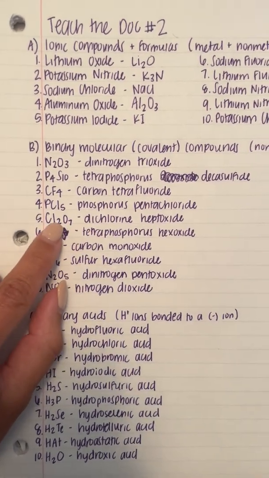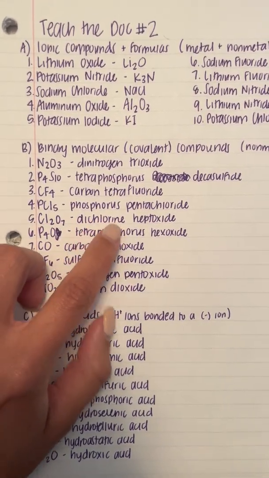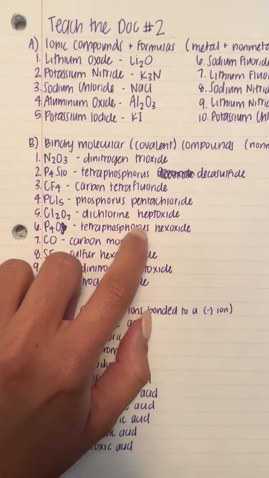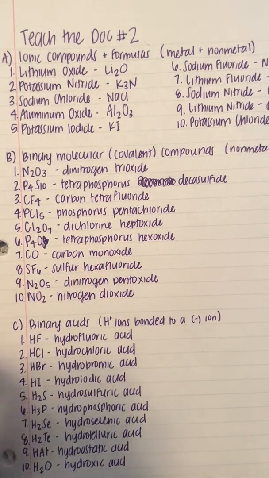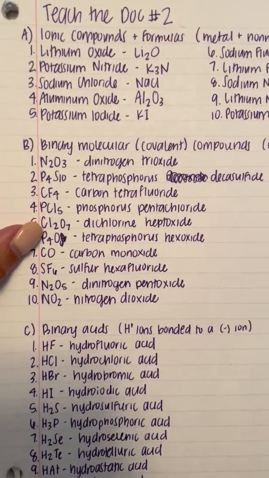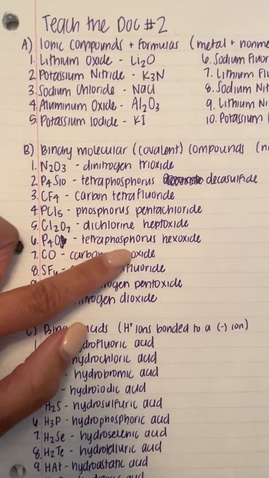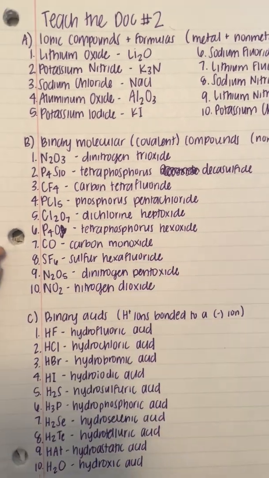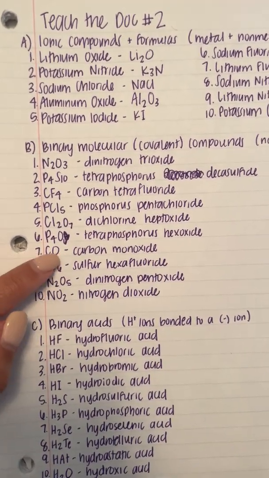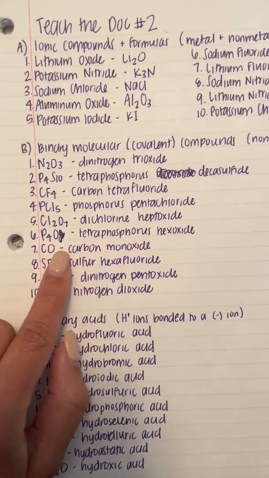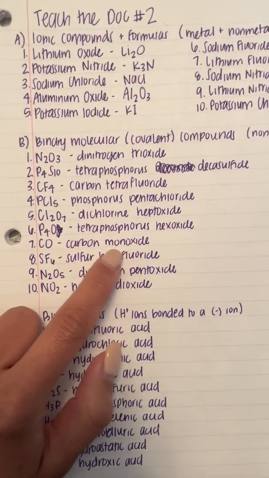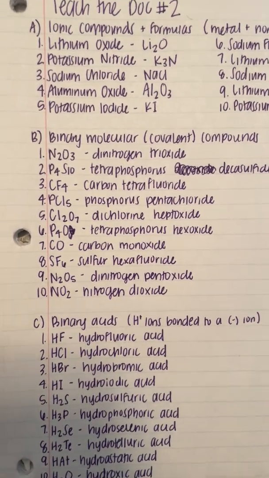Cl2O7, so there's 2, dichlorine, and that would be hepta for 7, but since it's ending in oxide, we just do heptoxide. P4O6, tetraphosphorus, hexoxide. CO, so there's just one of each, carbon monoxide, because the oxygen, there's only one, but since it's the second word, you do apply the mono for this one.